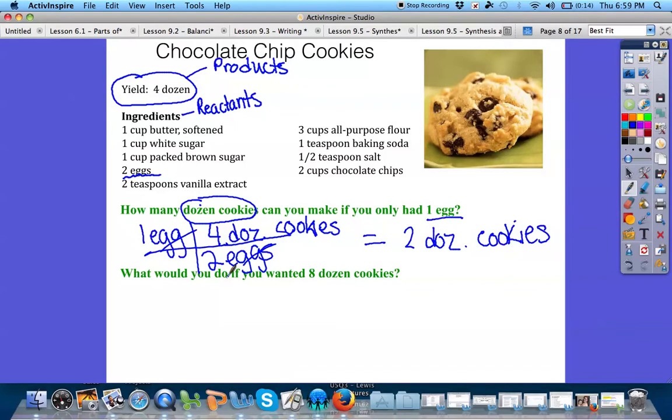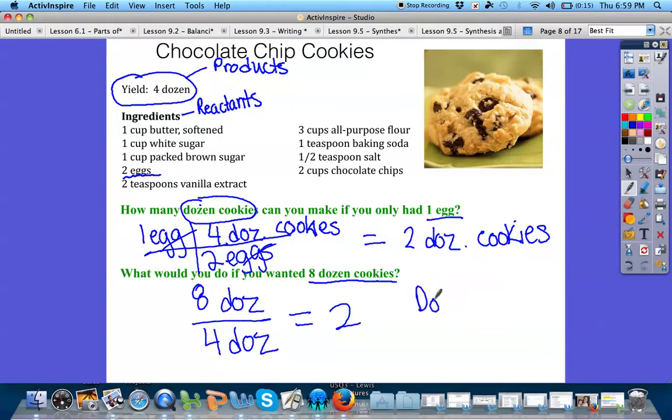Now, if you wanted 8 dozen cookies, what would you need to do to your recipe? Well, if it yields 4 dozen and we want 8 dozen cookies, that is double the amount. So we would need to double all of our ingredients.